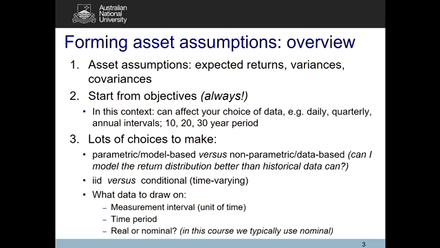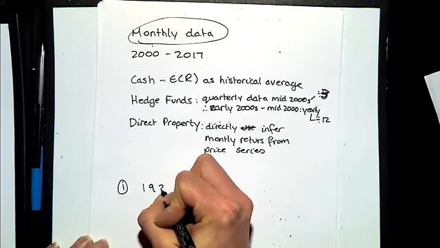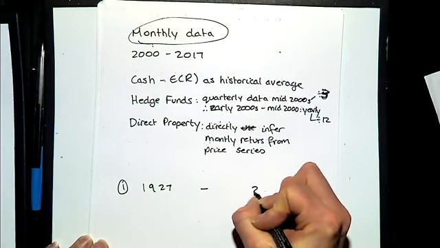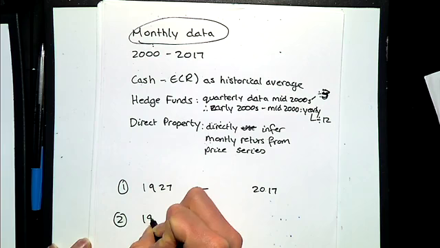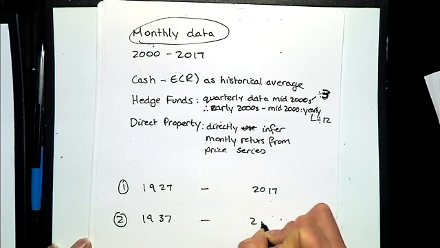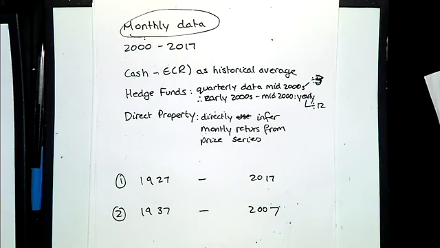So not 1927, but 1937. So let me just write it down. Option 1 is 1927 to 2017. Option 2 is 1937 to 2007. Right? They've got over 50 years of data. It's a massive, massive data series in either case.